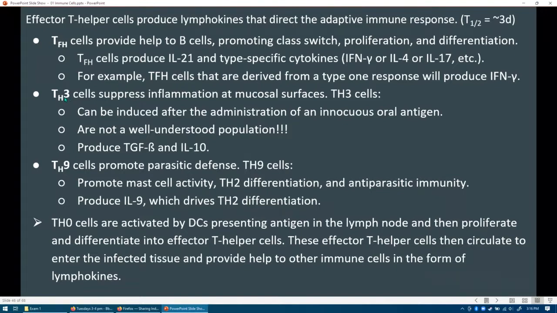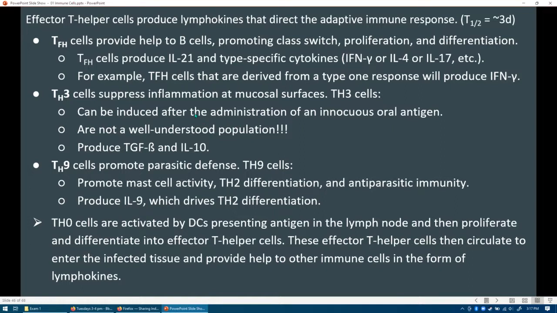And then we have Th3 cells, which is sort of a dead area of research. No one cares about these anymore. It never really took off, but they're thought to suppress inflammation at mucosal surfaces. They are induced after you eat something that doesn't cause any kind of damage.